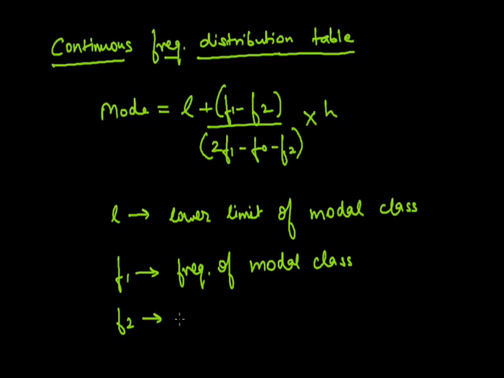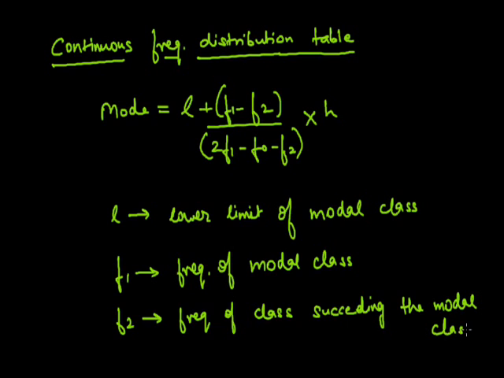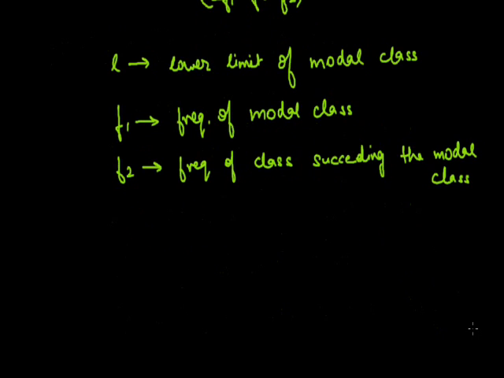F2 is actually the frequency of the class succeeding the modal class. It means F2 is the frequency of the class which is after the modal class. So whatever class is there after the modal class, the frequency of that class will become F2.